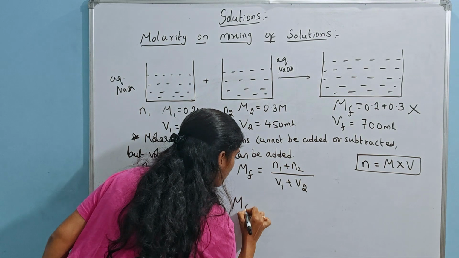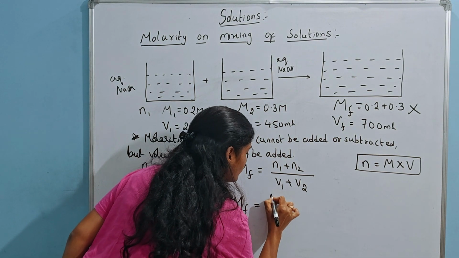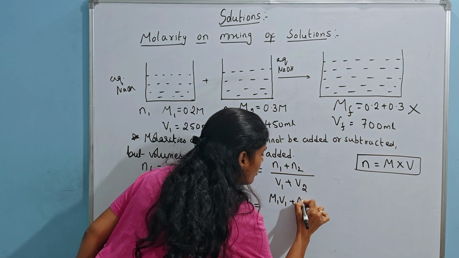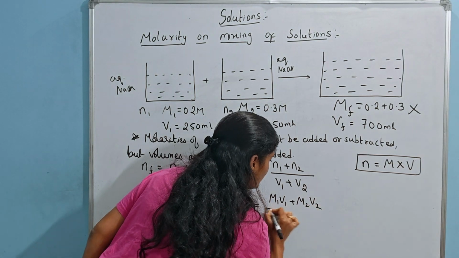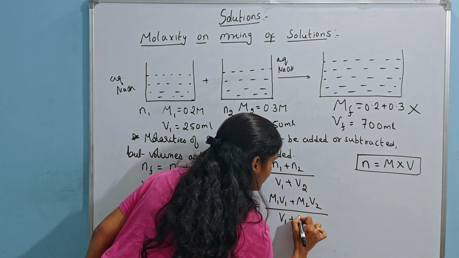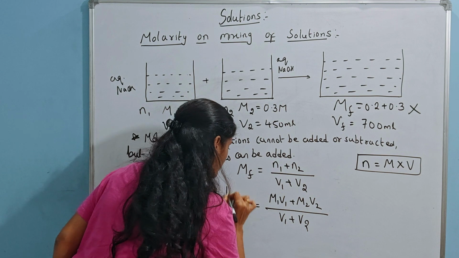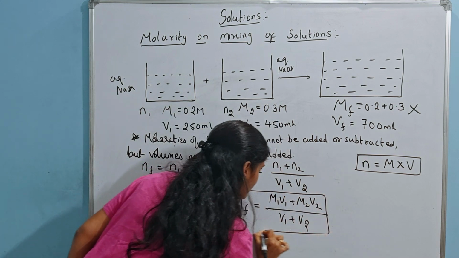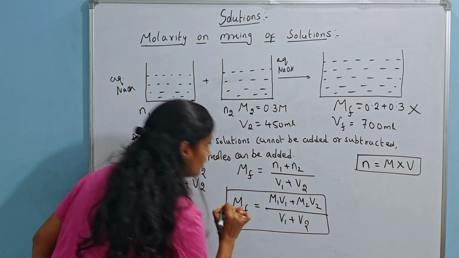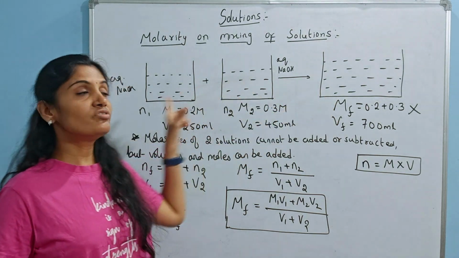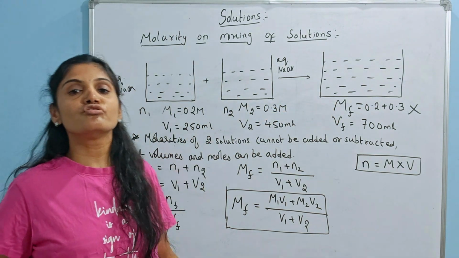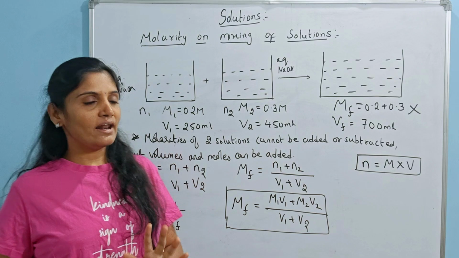So then what will be my formula? Final molarity is equal to M1 V1 plus M2 V2 divided by V1 plus V2. This is how I can calculate the final molarity of a solution obtained by mixing two solutions of different molarities.